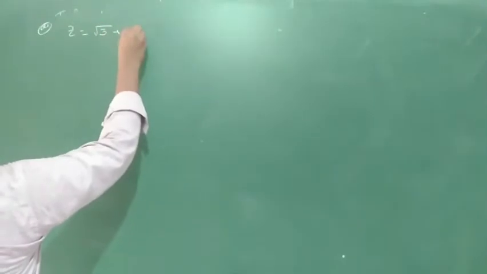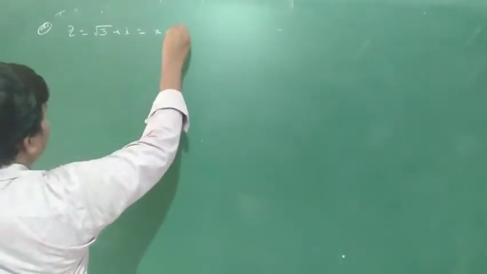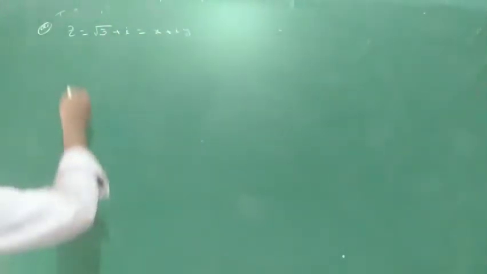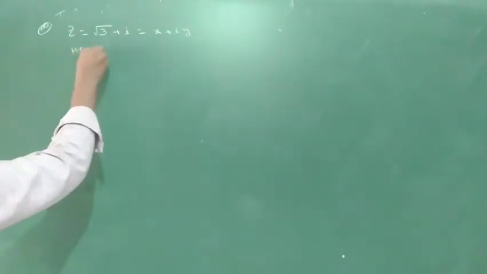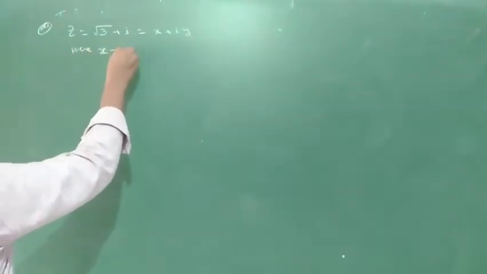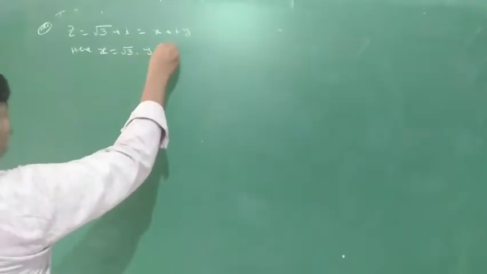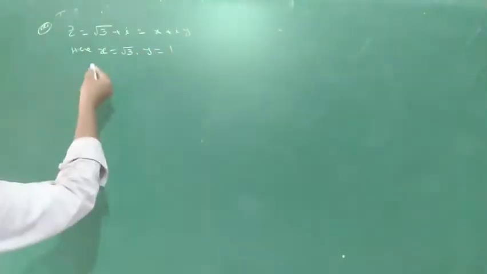First an example, root 3 plus i. Z is equal to root 3 plus i. This is converted into x plus iy. Here what is x? X is equal to root 3. Y is equal to 1. Now, i means 1 into i.